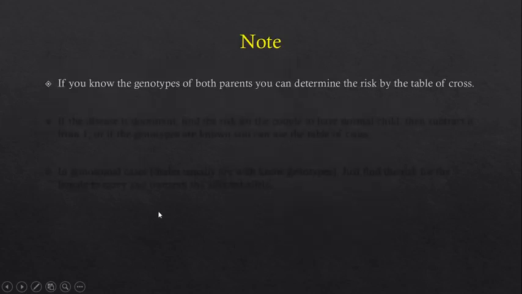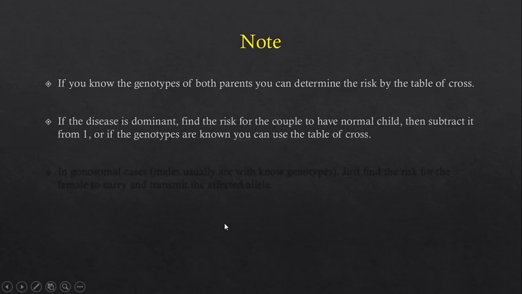You have to note that if you know the genotypes, this is something I already told you, of both parents, you can determine the risk by using the table of cross, and it's always applicable that you apply the rule we've been discussing, of course. If the disease is dominant, because we were discussing in all our cases a recessive disease, you simply find the risk for the couple to have a normal child instead.